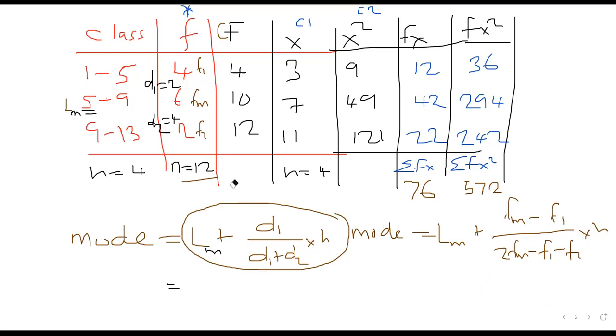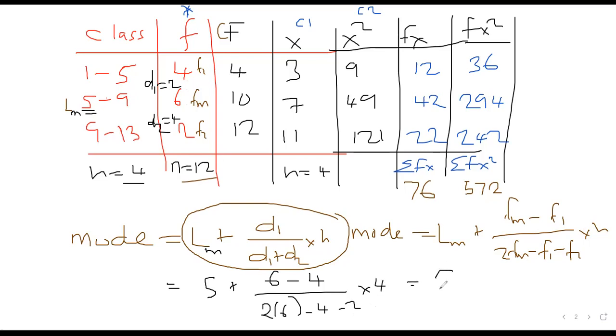Suppose we use the other formula. Our Lm is simply 5. So our Fm is 6 minus F1, which is 4. Already it's making our D1, we found as 2. And 2 times 6. Then our F1 is what? 4. The F2 is what? 2. And the height of what? Height is from here to here to here to here. The height is 4.